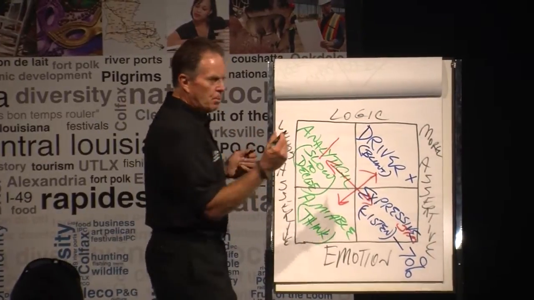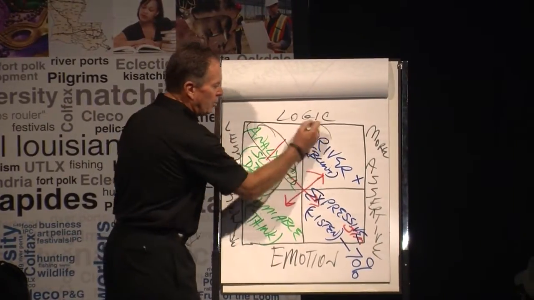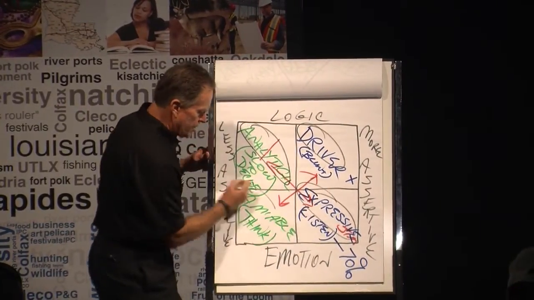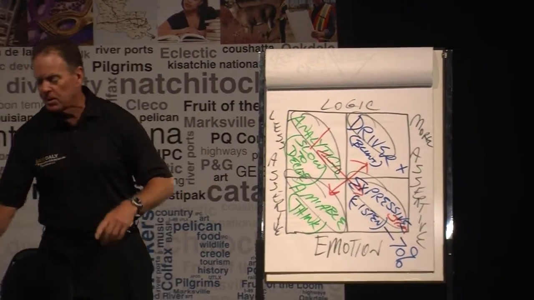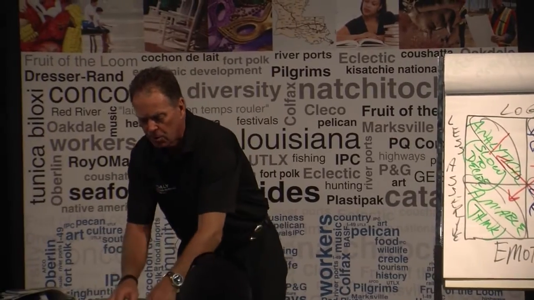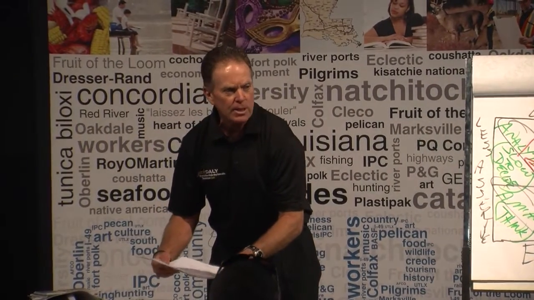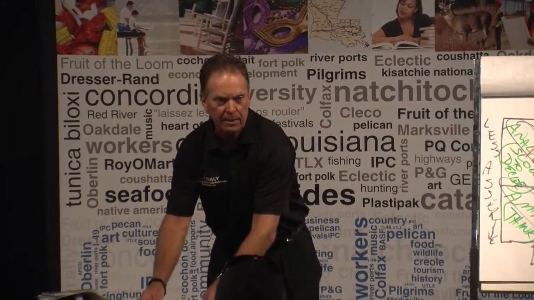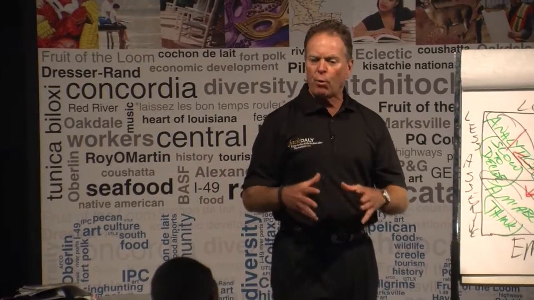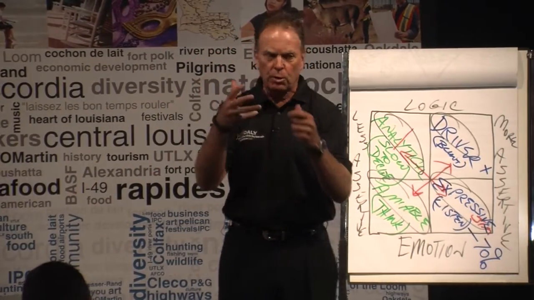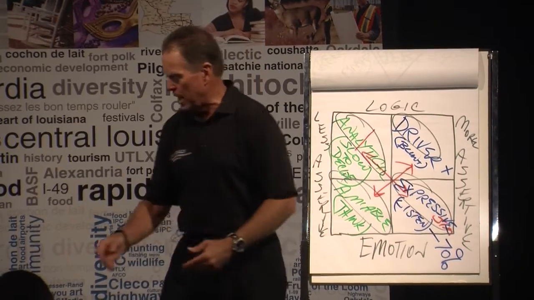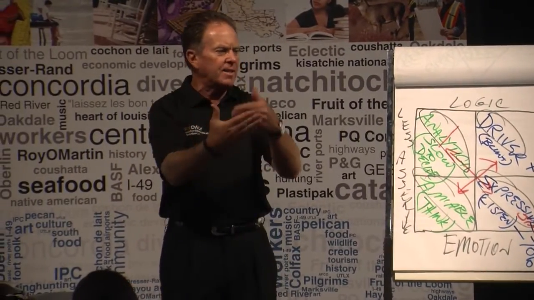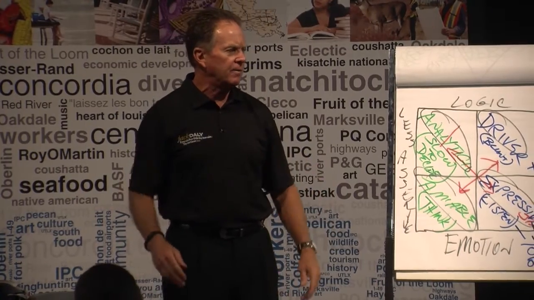Once you've figured out a person's style, analytical, driver, expressive, or amiable, what we want you to do is we want you to put that into your database right next to your prospect, customer, or client's name. Then before you get out of the car or on the phone, you look it up and say, aha, Jack's a driver. You take the white card out and say, this is the way I need to sell to this guy.